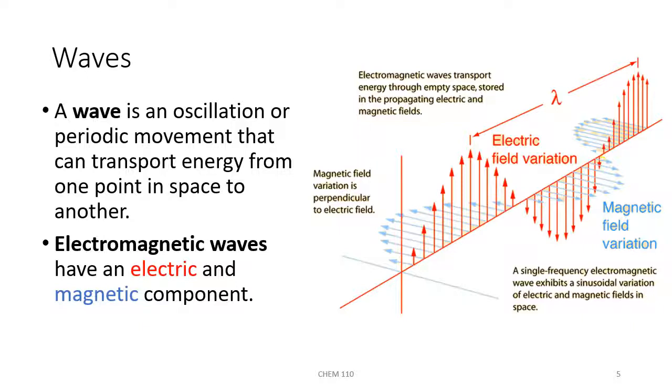Notice that the electric field and the magnetic field are both represented by sinusoidal curves. They have a vector, meaning a direction, and a magnitude. When an electromagnetic wave passes an object, the oscillating electric and magnetic fields may interact with it. This interaction can allow us to identify what a compound is.